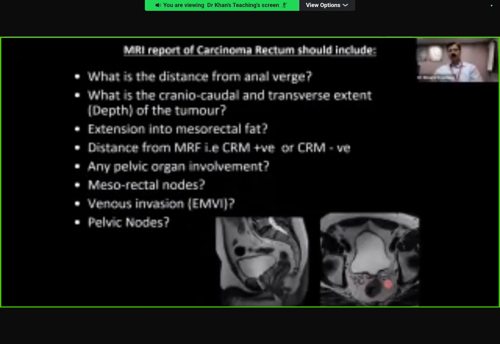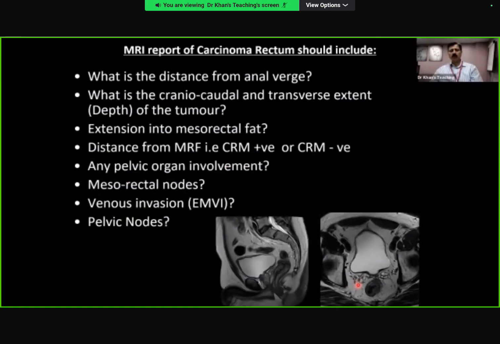The basic concept is that in surgery, they remove the whole of the rectum, including the mesorectal fat and fascia. When it goes for histology, the histologist will say whether the circumferential resection margin was positive or not. If it is positive, it means bad news, because you don't know if it has gone beyond it. If it is negative, it is good news.